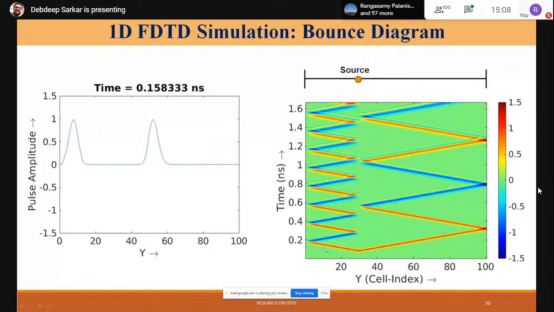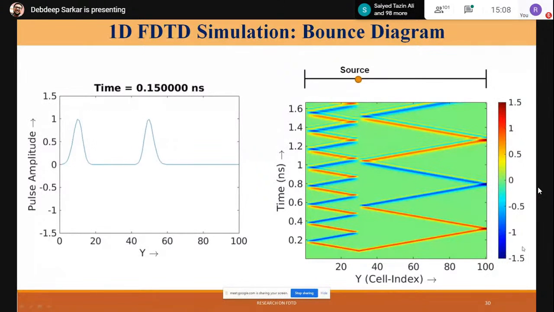Yeah, so around 0.1, this splitting of the two pulses in two directions happens. So this is the time axis now, and this is the space axis. The bounce diagram is generated from the simulation. I run the simulation for 1000 delta t, get the values, and use MATLAB to simply plot this diagram.